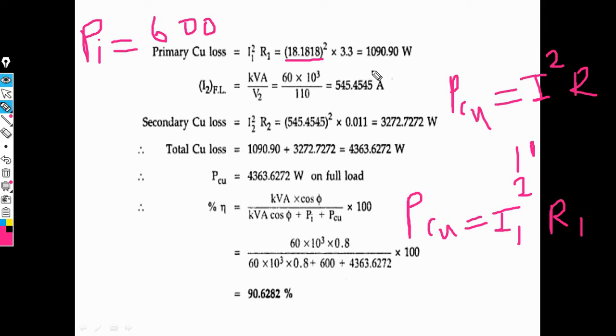Then we obtain the primary copper loss as 1019.90, and copper loss is measured in watt.